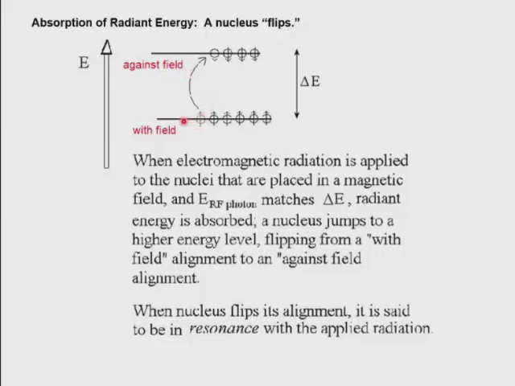This jumping from one alignment to the other, the nucleus virtually flips from one alignment to the other. When the nucleus flips its alignment, it's said to be in resonance with the applied RF radiation.